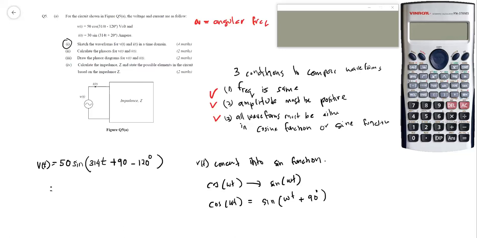So you will have 50 sine 314 t minus 30 degrees. Okay, that is the Vt after you have converted into a sine function.